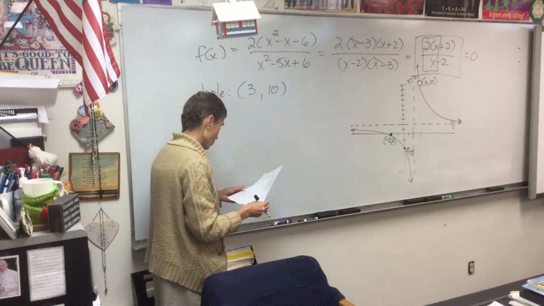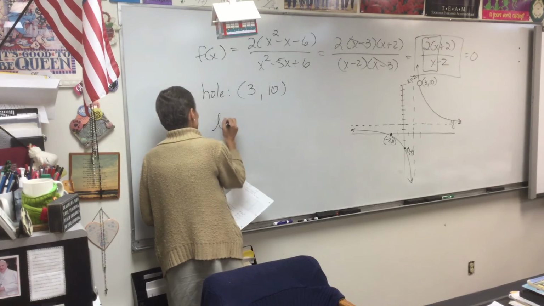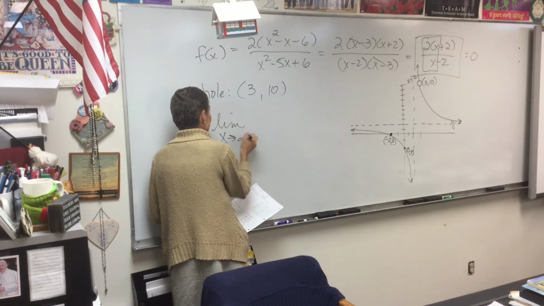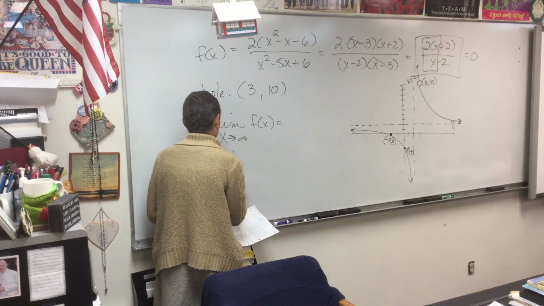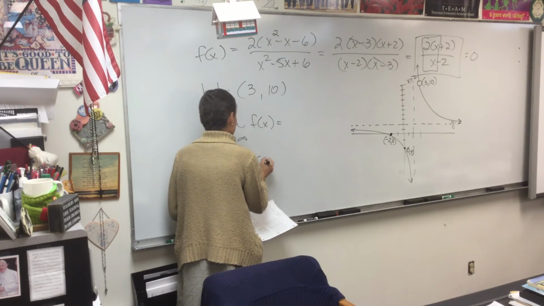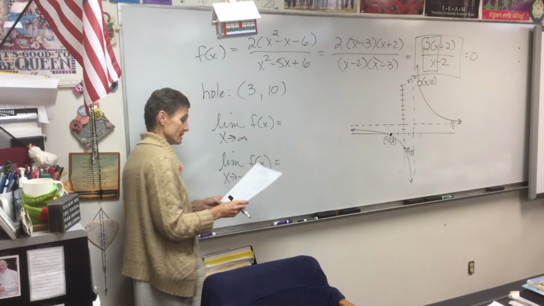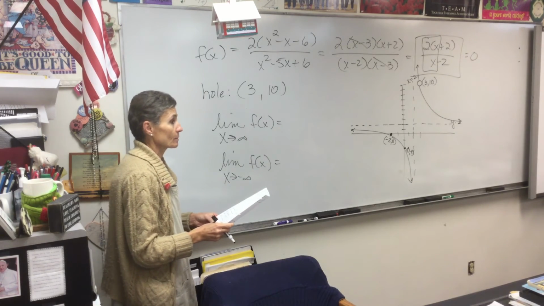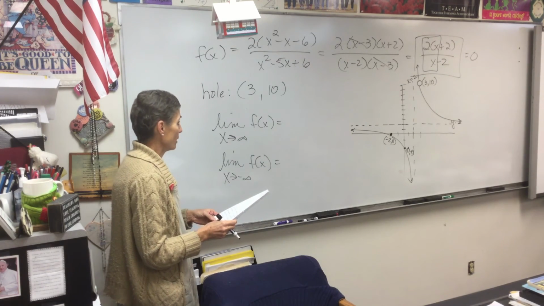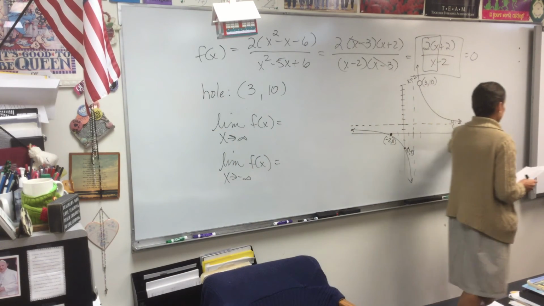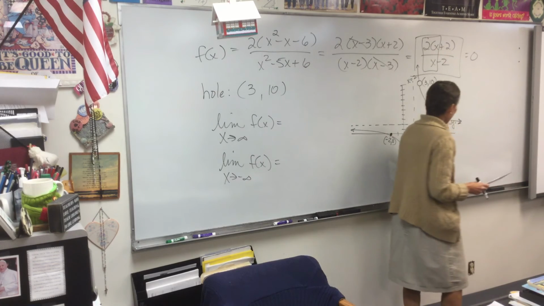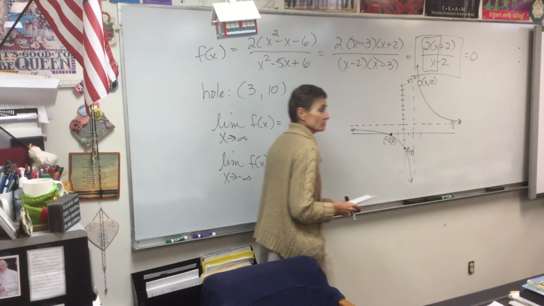Now, let's answer the questions. We got the limit as x approaches infinity and negative infinity. I know they're not in order, it doesn't matter. As x gets bigger and bigger, what is happening to your curve?